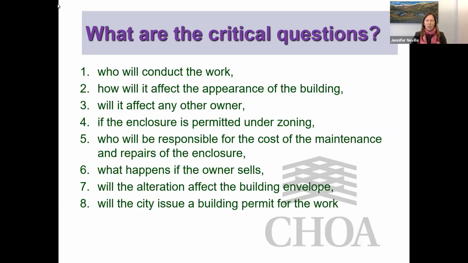So what I suggest to Strata Corporations is before you agree to the enclosure, make sure you consider all of those factors. Make sure that you have an agreement in place, and make sure it's clear as far as who has the responsibility to repair, maintain, refurbish, and replace.